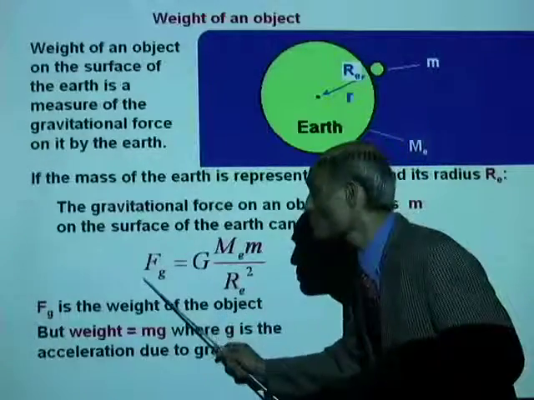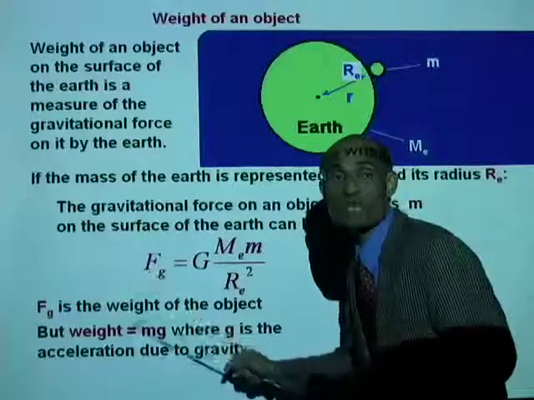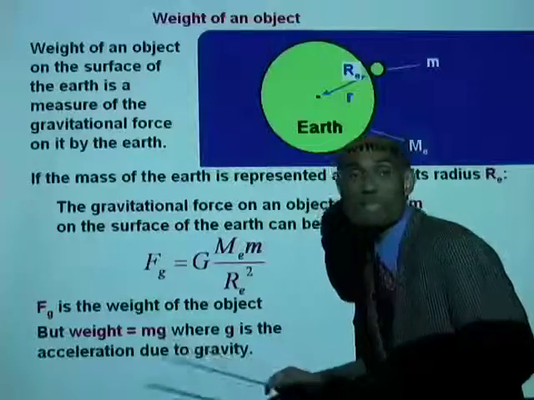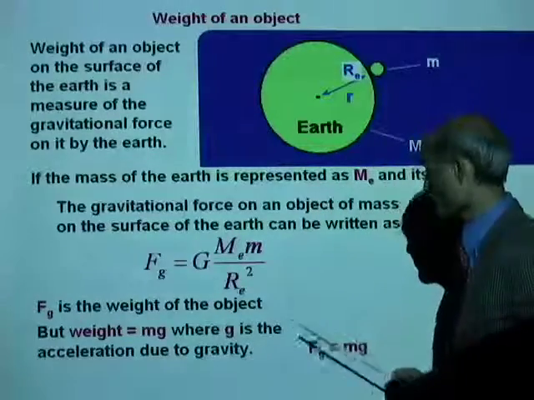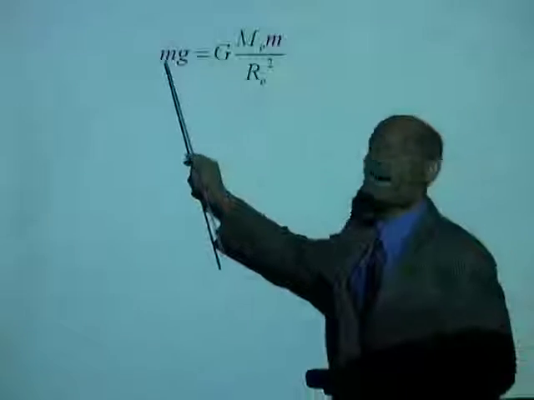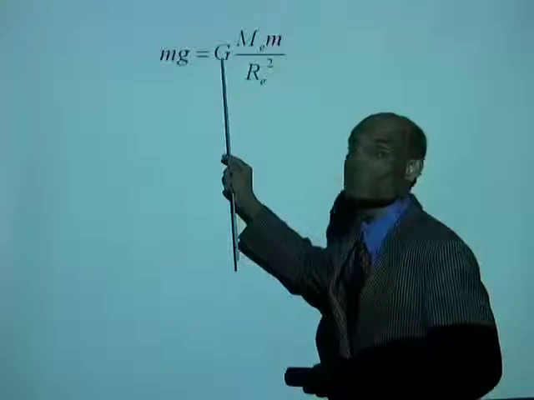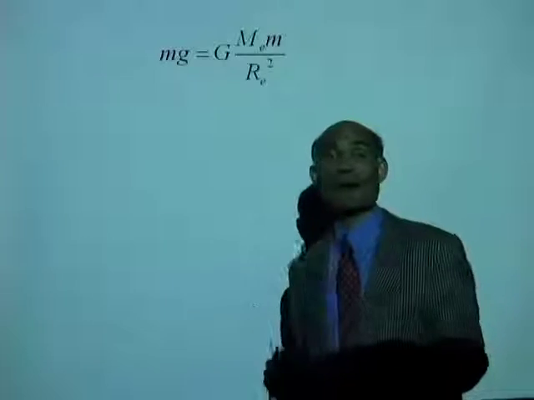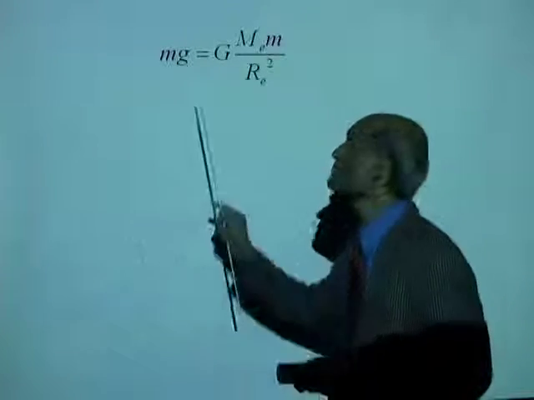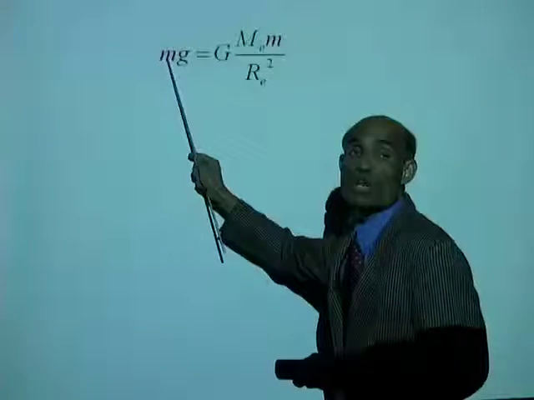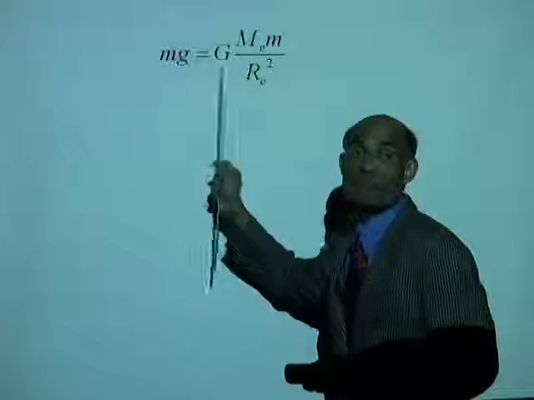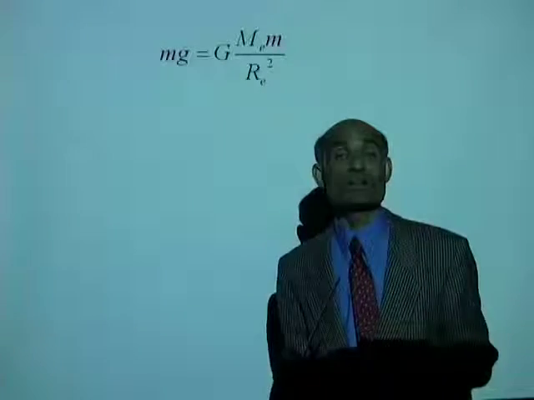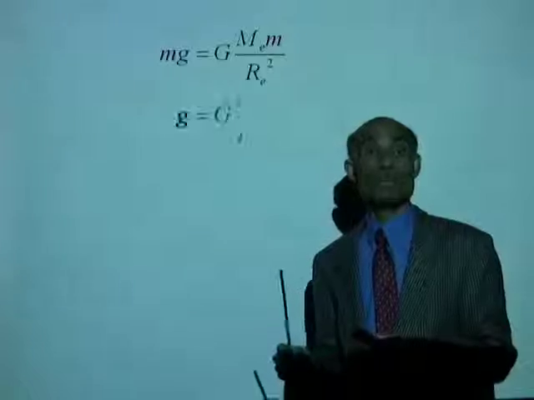So we can actually replace this F sub g by this mg. Let's do that. We have therefore mg equal to G times M e m over r e squared. And you notice that the lowercase m, the mass of the object, appears on either side, which will cancel.